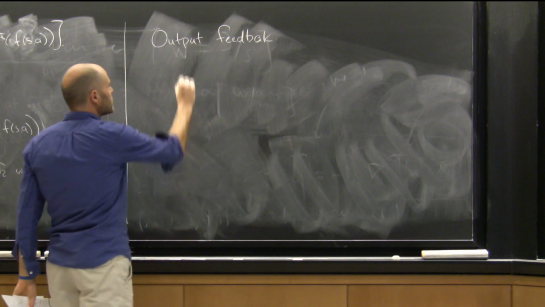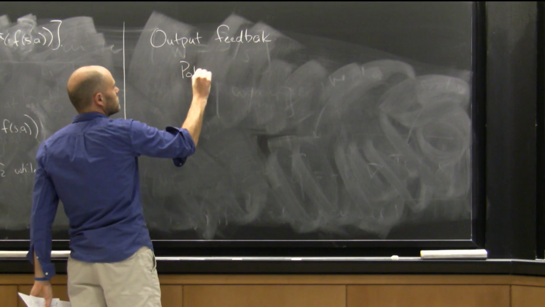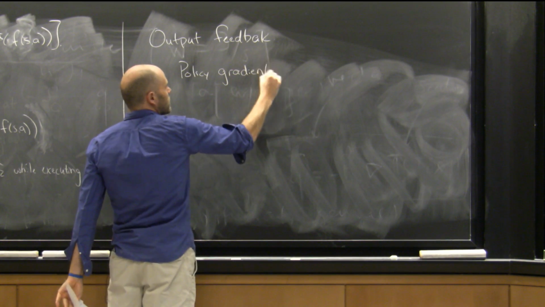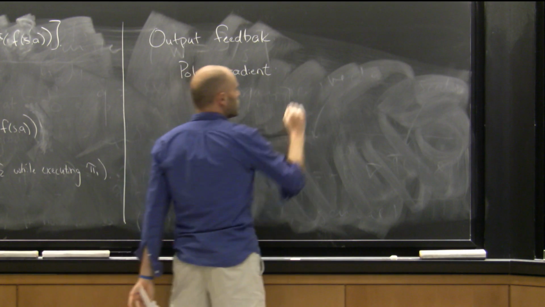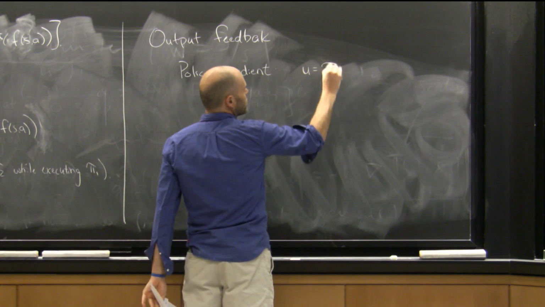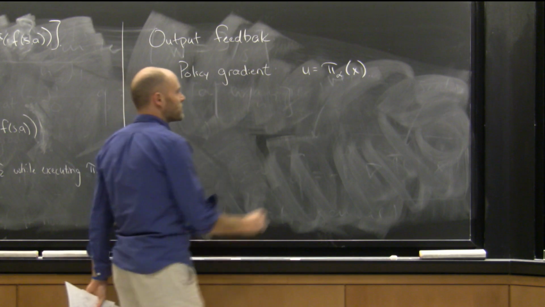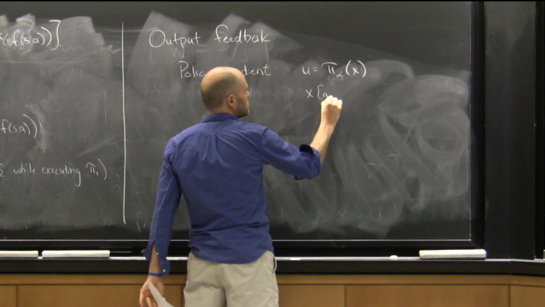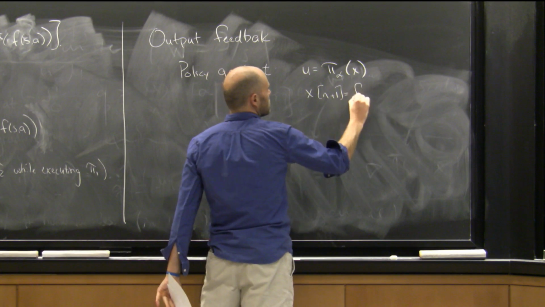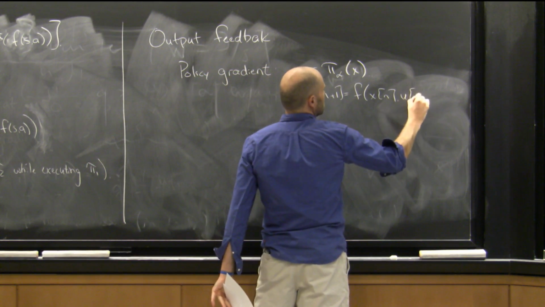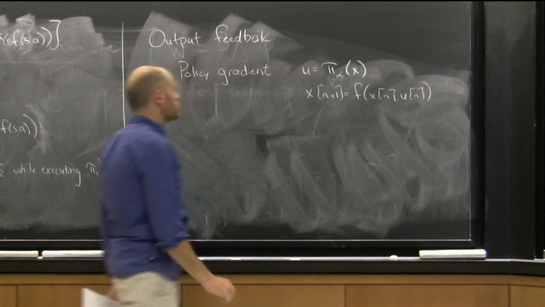So in policy gradient, the way I wrote it last time, I said, let's say you're looking for some function like this, and I have a dynamical system like this.